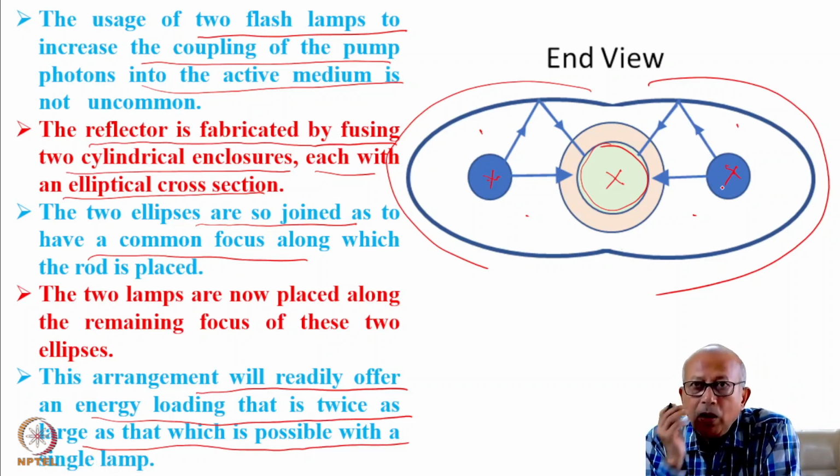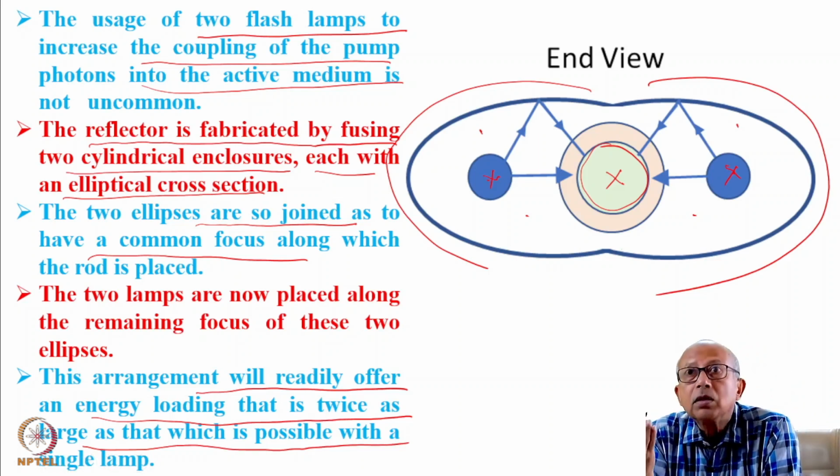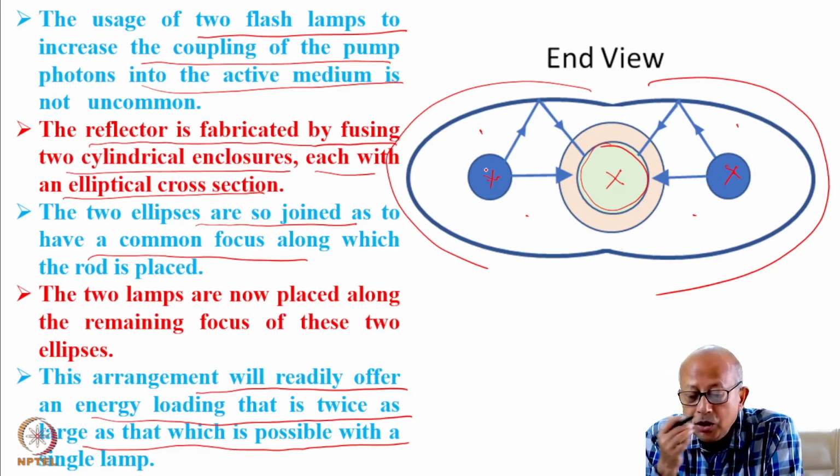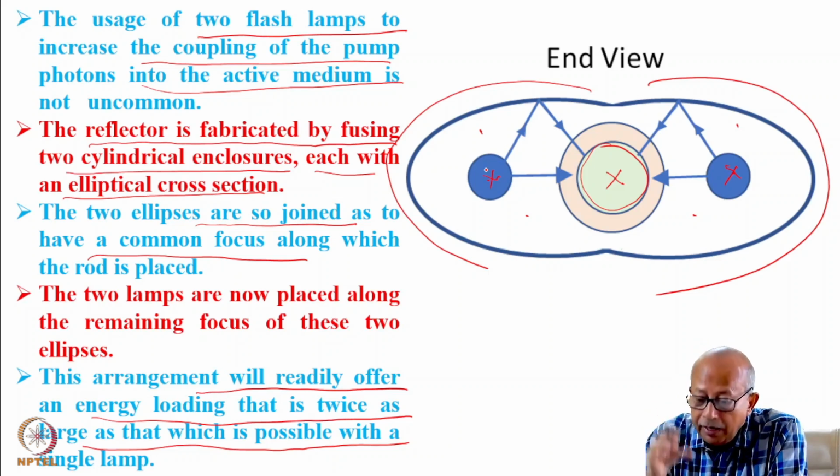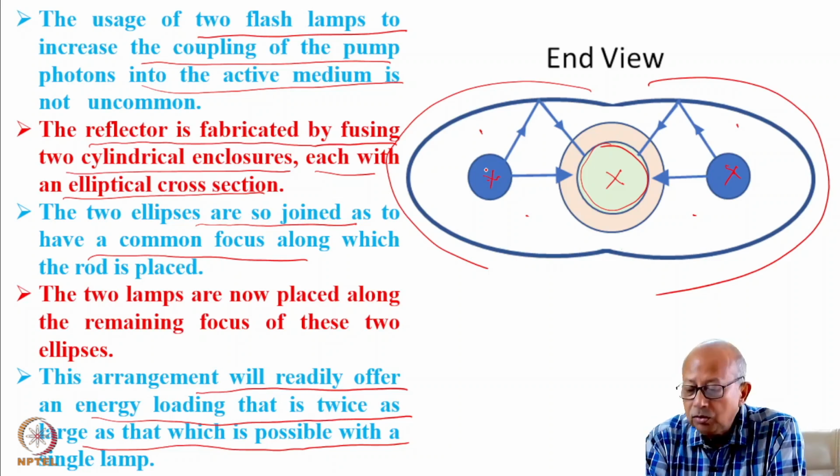If you use two lamps, you get twice as much light as can be produced by a single lamp, and therefore this arrangement ensures that the pump energy loading is double that of the case of one flash lamp.